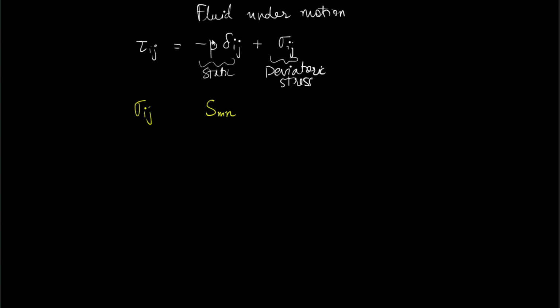And once again, because the fluid is under motion, P that we write over here is not exactly the equilibrium pressure, but it is in a certain approximation where the fluid relaxes very quickly. So what do we mean by relaxation? That given a disturbance from equilibrium, the fluid is able to reach equilibrium very quickly.